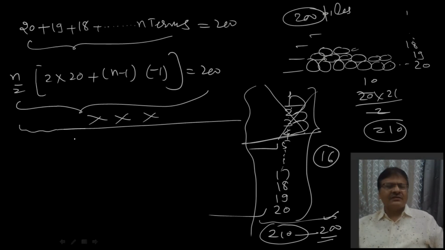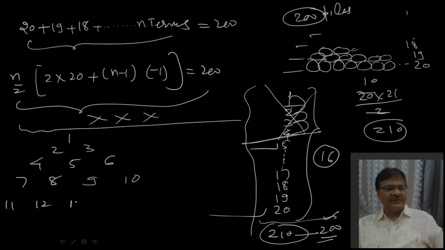My next question: 1, 2, 3, 4, 5, 6, 7, 8, 9, 10, 11, 12, 13, 14, 15. This way numbers are written.